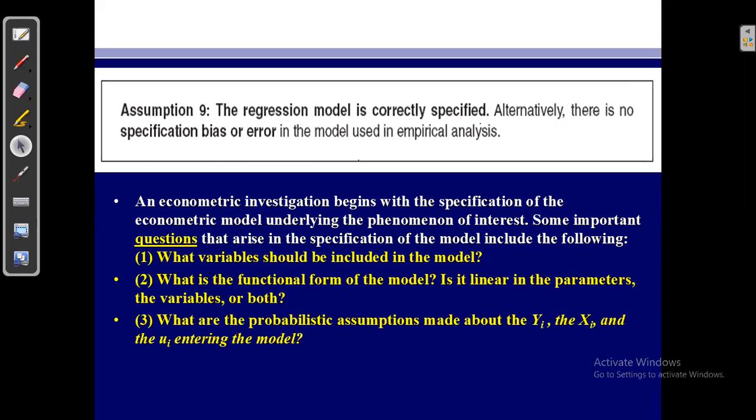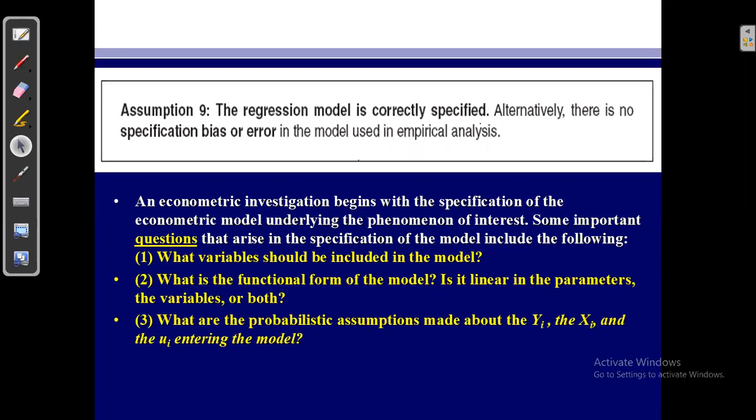So this is what we call that the regression model should be correctly specified, right? Let me tell you that this assumption number 9 is the most difficult assumption in an econometric model, because apparently it is a very simple, straightforward thing, but practically it becomes quite difficult to ensure that you have taken a correctly specified model, because you never know whether the model that you have taken is the model that you should have taken or not.